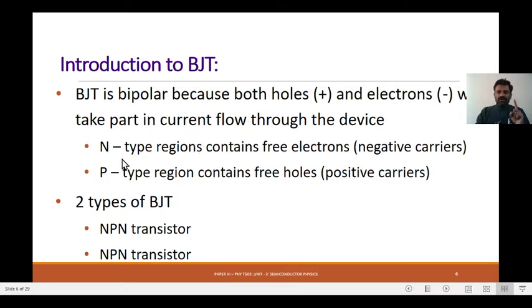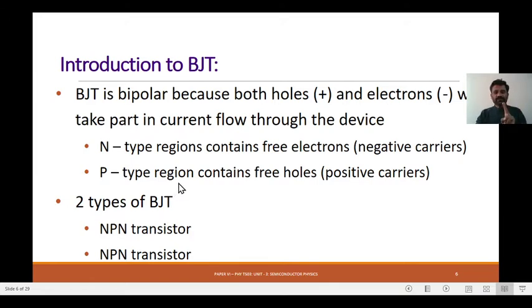The N type region consists of free electrons which are considered negative charge carriers, and a P type region is a hole region, also called positive carriers.